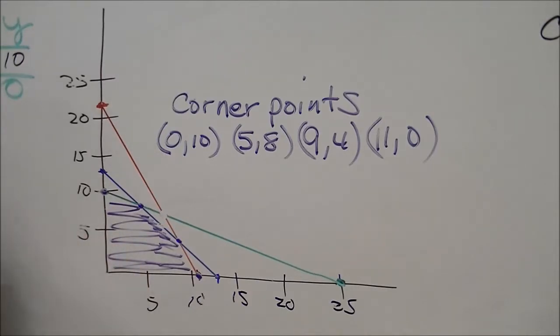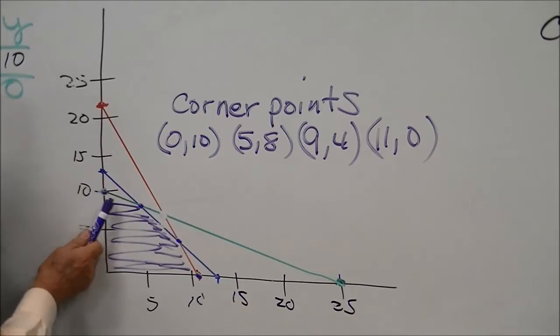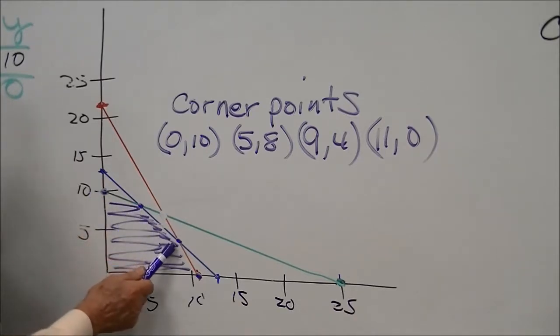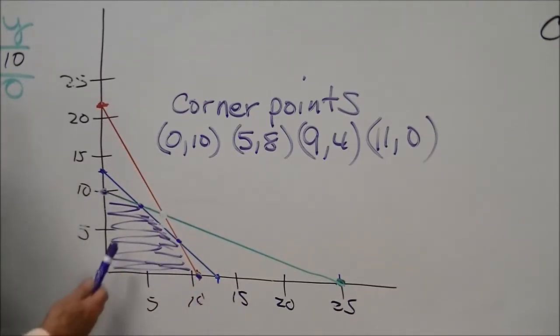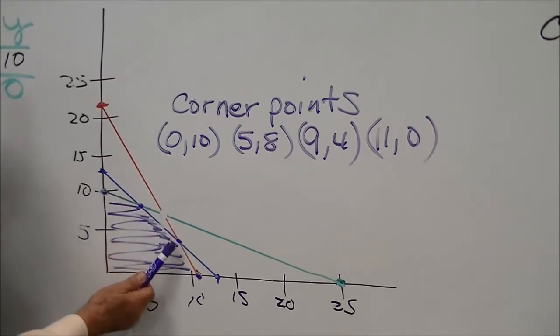Okay? Now, for our corner points that they're going to ask you, we have a corner point of our solution region here, there, there, and there. Now, if they're on the axes, you know the points that you plotted. It would be this one and this one you might be somewhat unsure of.